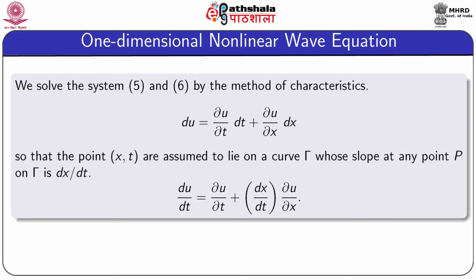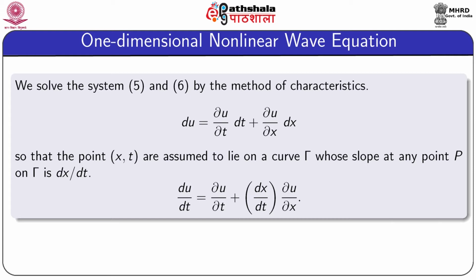Now, we shall use the method of characteristics to find the solution of equation 5. We consider the total differential of u, which is du. Since u is a function of t and x, du can be written as ∂u/∂t dt + ∂u/∂x dx.